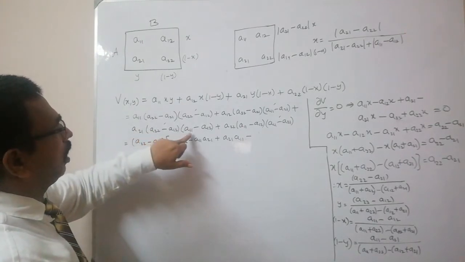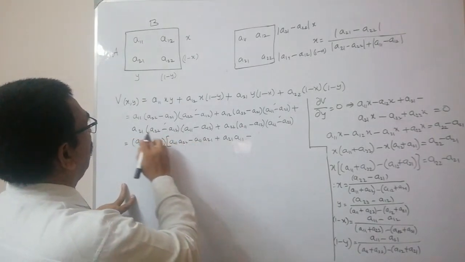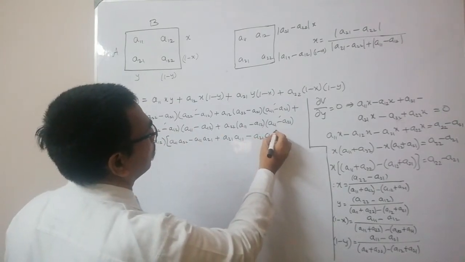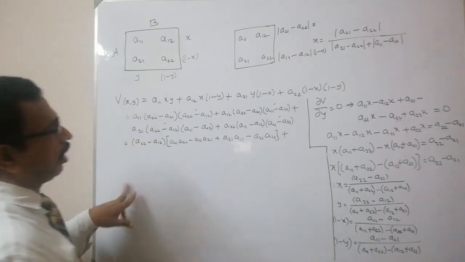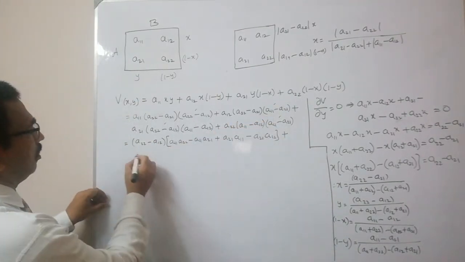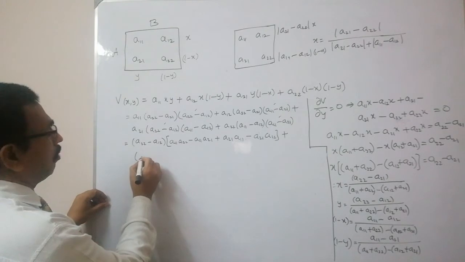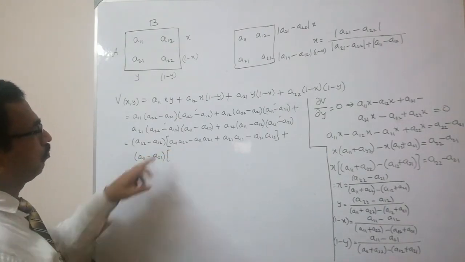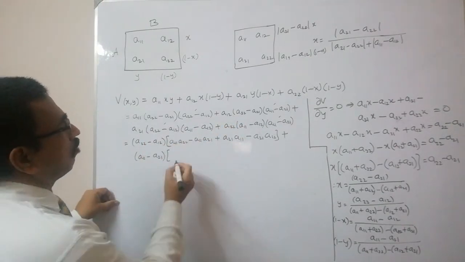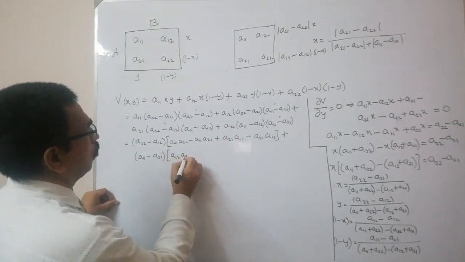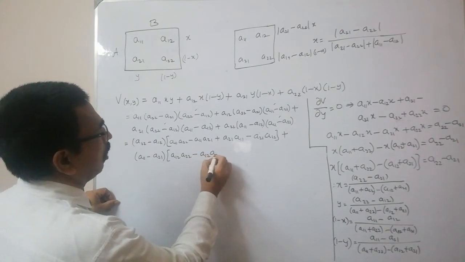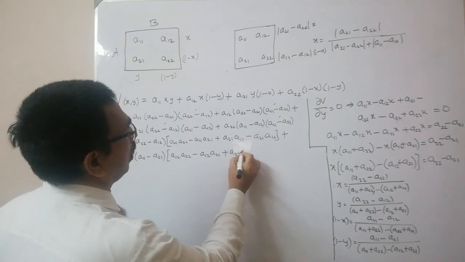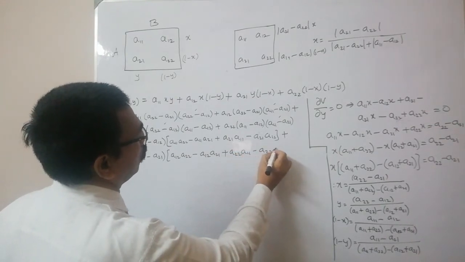So a21 into a11 minus a21 a12, plus, in the same way, taking this one as a common factor in these two terms, a11 minus a21 into, here we have a11 a12 a22 minus a12 a21 plus, here a22 a11 minus a22 a12.